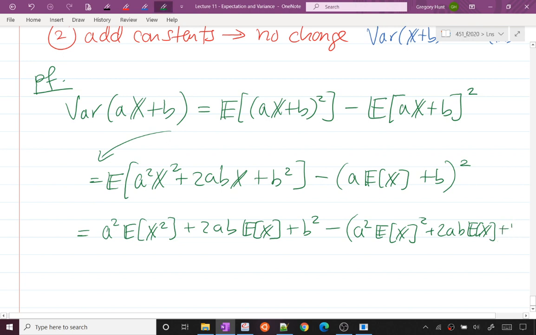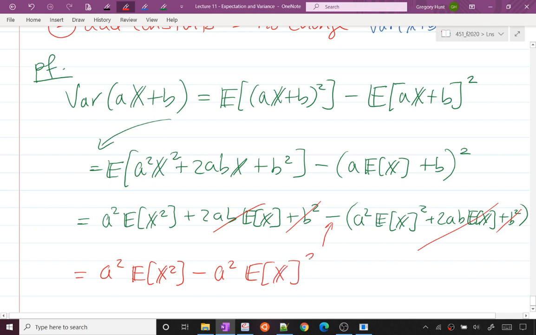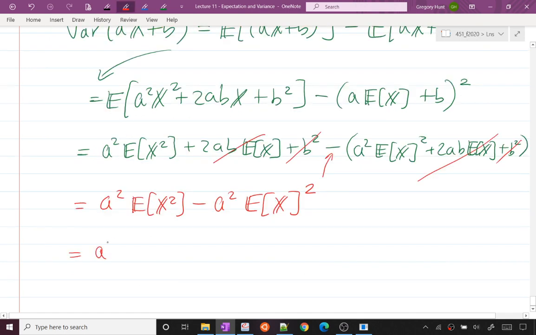And then we're just left with a b squared on the end. And I have this mighty useful minus sign here, which is going to cancel a whole lot of stuff. All that's going to be left here is an a squared times the expected value of x squared minus an a squared times the expected value of x quantity squared. And I can factor that out, and I'm just left with my shortcut formula. So this last step is just the shortcut formula applied a second time.